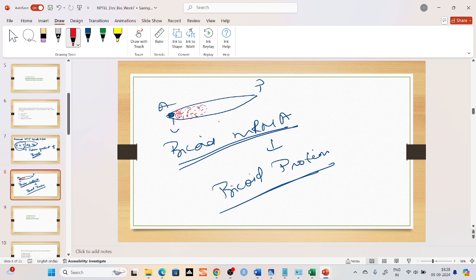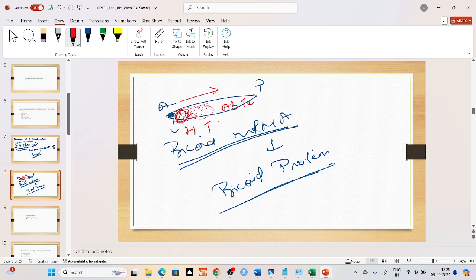Here the gradient is more, and slowly the gradient is decreasing. That means the concentration of bicoid slowly decreases in this way. So where the concentration of bicoid protein is more, there your head forms and then forms your thorax. And then in the posterior side is your abdomen and telson, the tail.